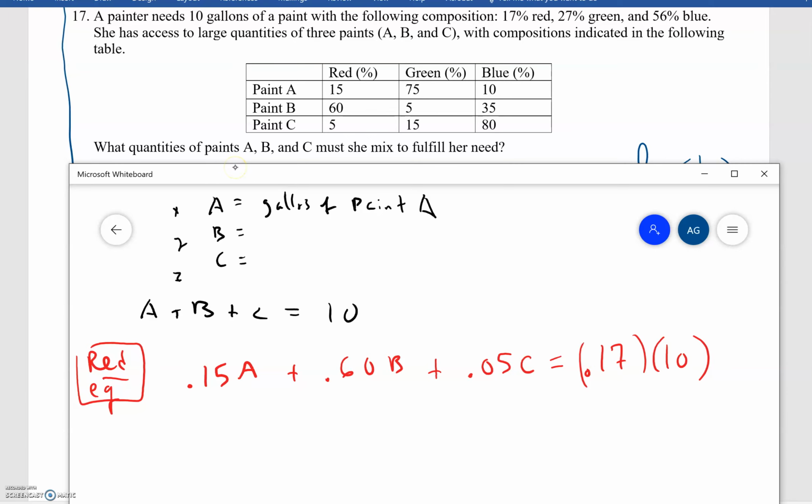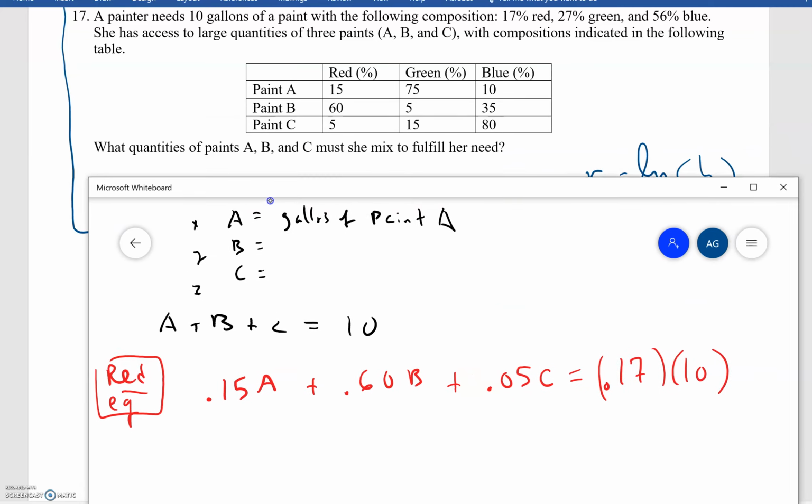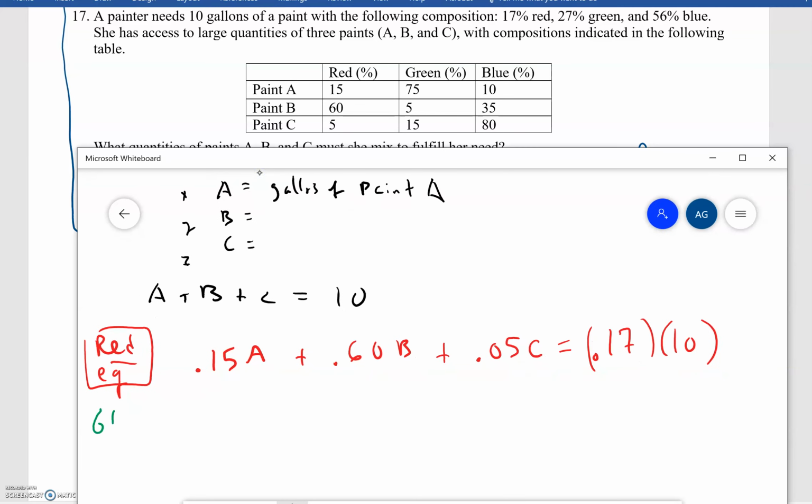Then I can do a green equation. So this is going to be how much green is contributed by each paint. Paint A contributes 75% green, so that's 0.75 times the amount. Paint B is 5%.